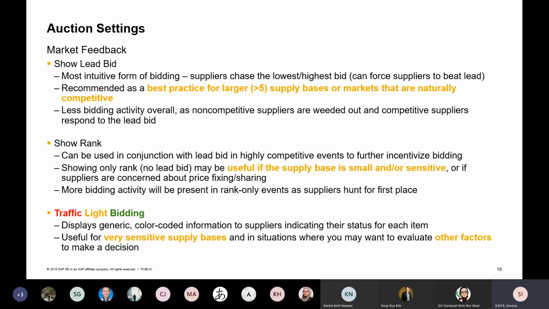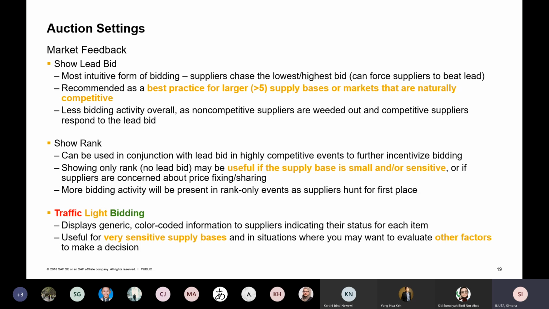So depending on the market and the answers to the checklist, you may decide to show the best leading bid, which is the most intuitive form of bidding. It means that the suppliers will chase the lowest or highest bid. It can force suppliers to bid the best leading bid.